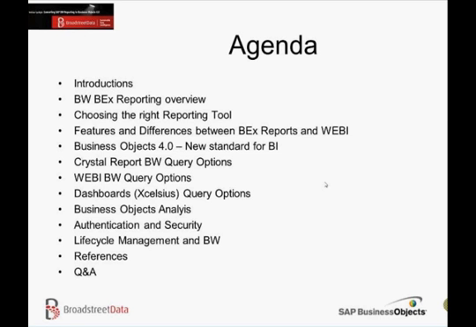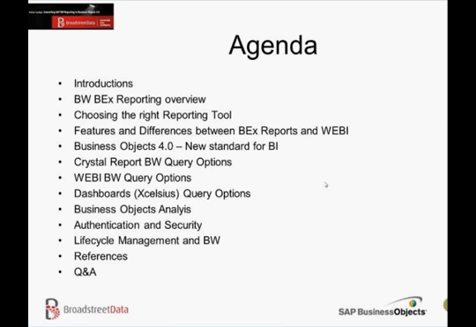We'll do a brief introduction into BusinessObjects 4.0 and look at the terminology, some of the architecture, and the applications that are available. Further, we'll dive into the details of each application and see what capabilities they have in terms of querying BW directly. So we'll take a look at Crystal Reports, how Crystal Reports can query BW, and then Webby, Dashboards, Xcelsius, and BusinessObjects Analysis.